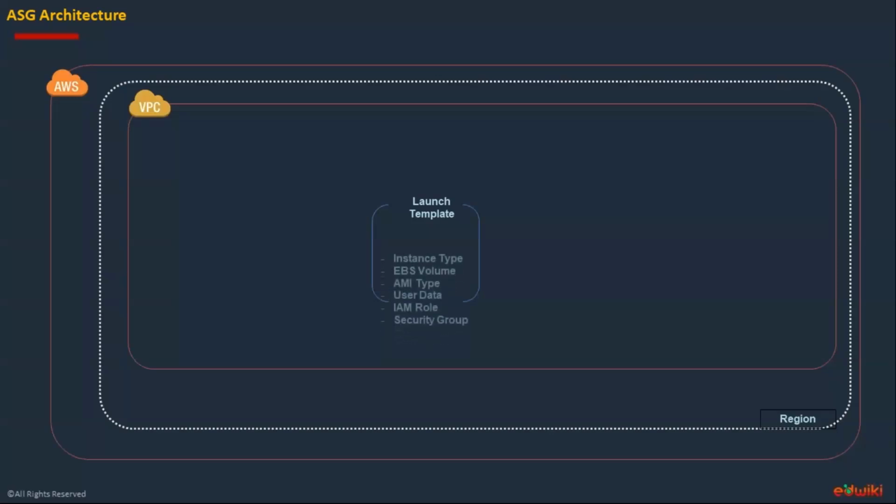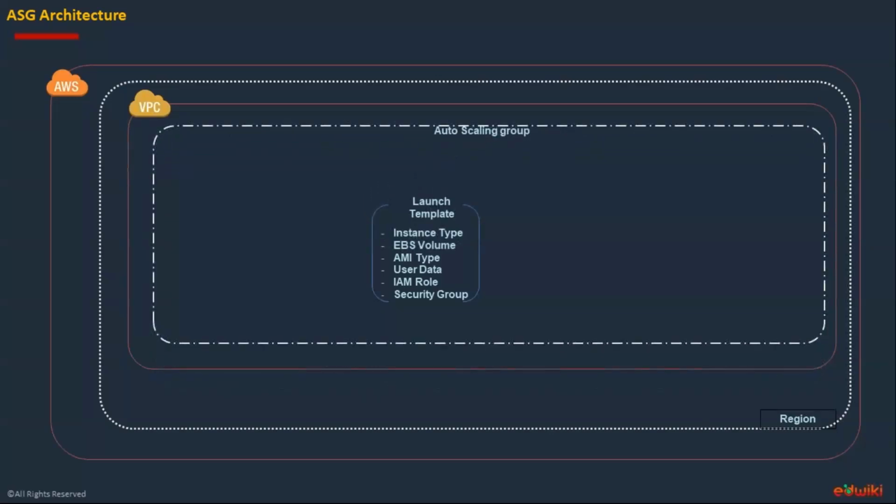So in the launch template, you define which instance type, how much EBS volume size you want, which AMI it has to use, and the script that it has to run automatically when the instance gets launched as part of the user data, which IAM role, which security group, which subnet, right? Basically, you define everything about how you're expecting the server to be created and keep it in the launch template. Good. Then you go and create an auto scaling group.